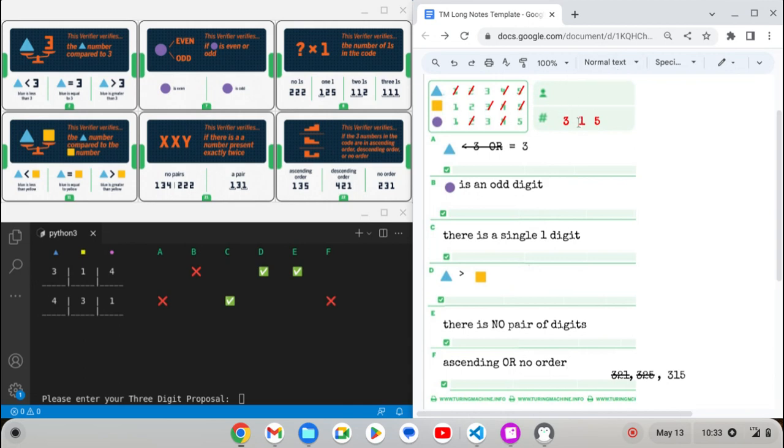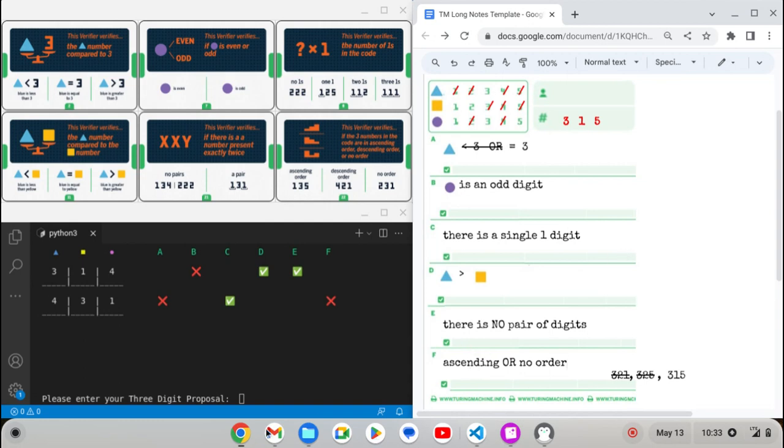Yeah, triangle is bigger than 3 is bigger than 1. There's no pair, and, well, we deduce that it has no order because ascending we didn't actually test. So, okay. I hope this is not being too risky, but I believe 315 is our answer.